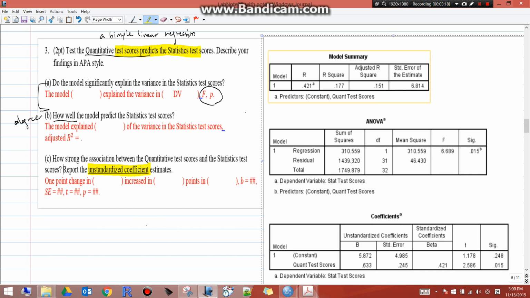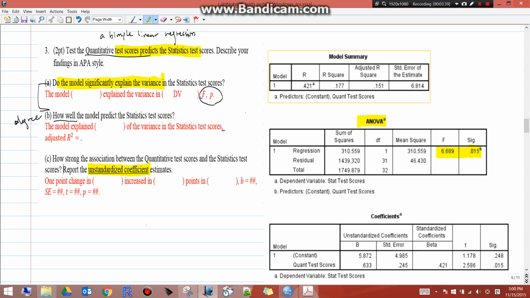It's more like an ANOVA question, right? So there is an ANOVA table. This is for the variance. Does the model significantly explain the variance or not? There's a statistic and significance value associated with the F statistic, and then degrees of freedom.